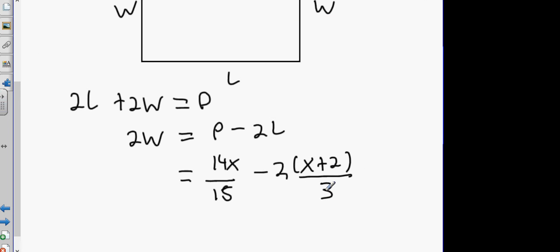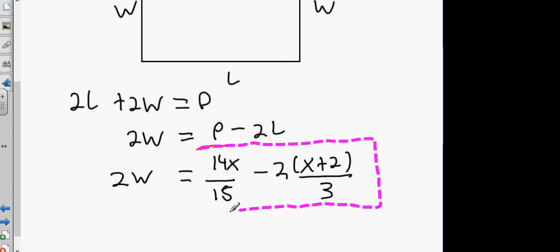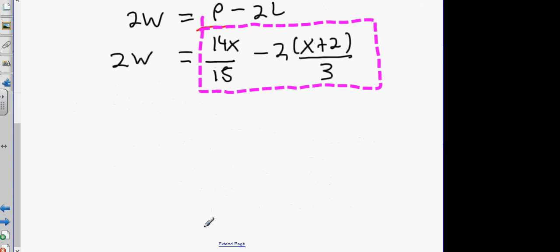Now, it's looking much similar to what we've done in the past. And remember, whatever answer this is, it's equal to twice the width. So whatever answer I get for this purple bubble here, I've got to divide my answer by 2 to get 1 width. 2 times the width equals this equation. Do the equation and divide your answer by 2.